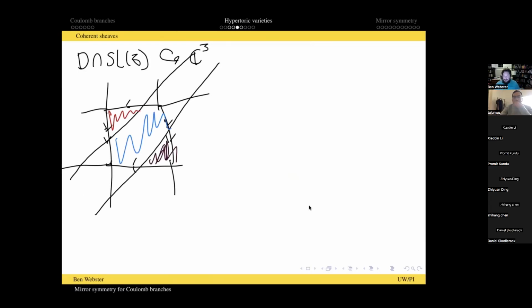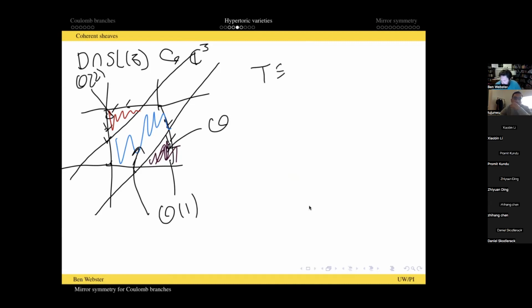These 3 chambers are supposed to correspond to 3 line bundles. If you work it out, I just choose one of the chambers to correspond to a line bundle. Let's say this one corresponds to O. Then this one here corresponds to O(1), and this one here corresponds to O(2).